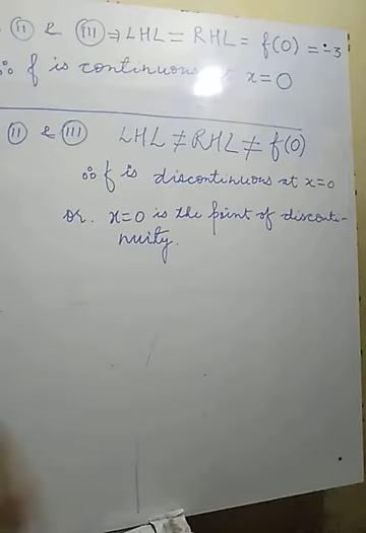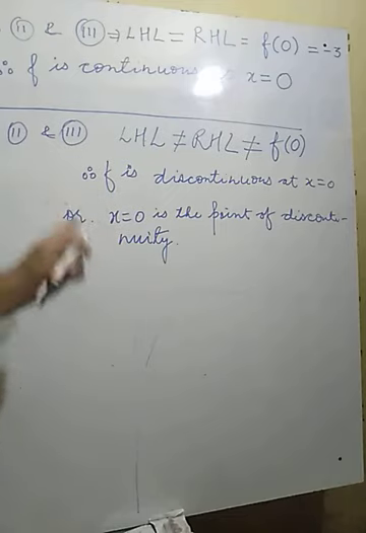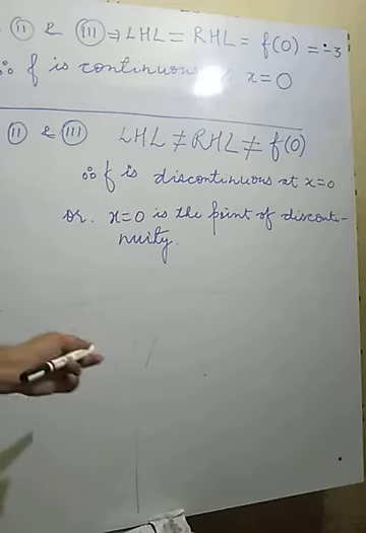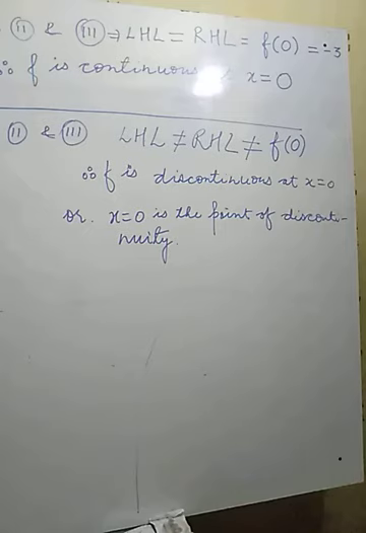You will revise it, you will do more practice. The same procedure will be there and you have to adopt the same pattern of writing. You have to calculate the value of function at that particular point. A certain value will be there. Then you have to calculate left hand limit as well as right hand limit. And after that, you have to compare all these three equations.